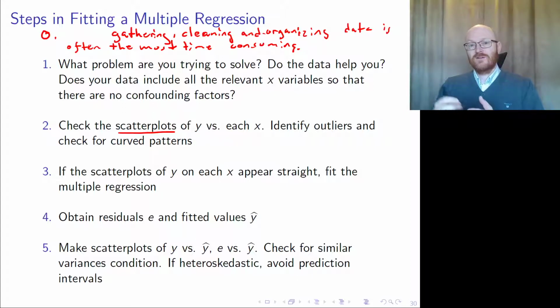And of course, scatter plots. Check scatter plots of y versus each of the x, and identify outliers and curved patterns. And now you know what to do with curved patterns.